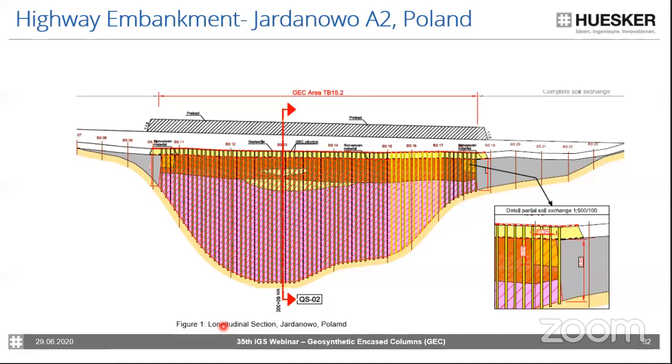This is the typical cross section or the longitudinal section showing you the layer of the soft soil from peat and organic soils. And then there was a working platform installed and the columns in those yellow lines.